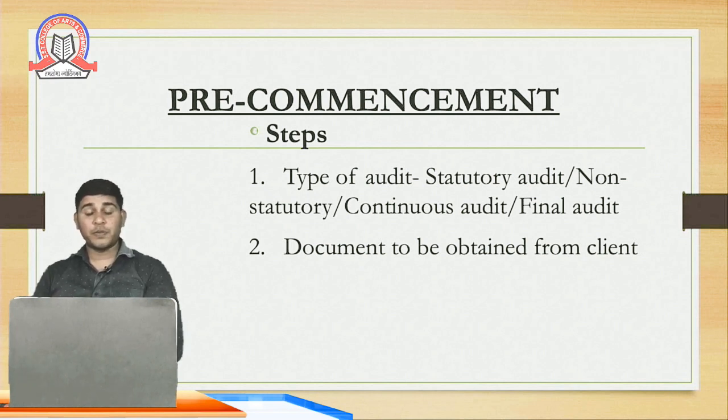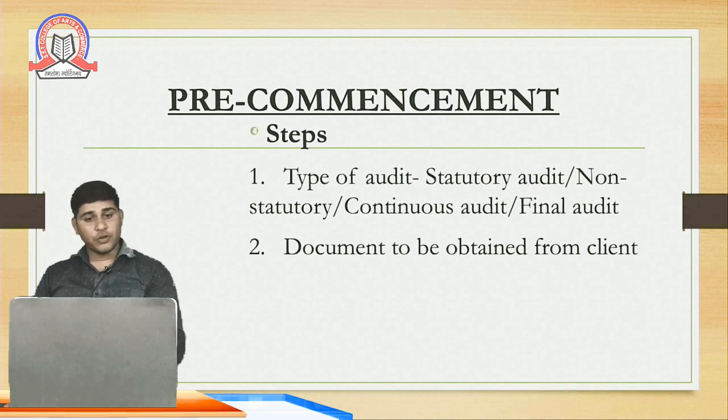So the auditor must know which type of audit it is. You know that the final audit is conducted at the end of the financial year, after the preparation of the financial statements. Under continuous audit he needs to plan in depth, but under final audit, simple planning is helpful for finalizing and presenting the reports to the client.